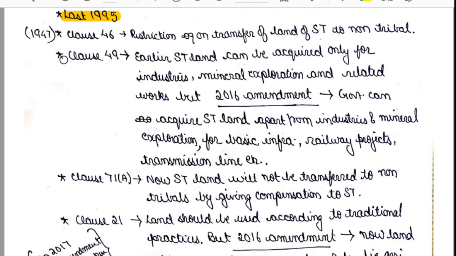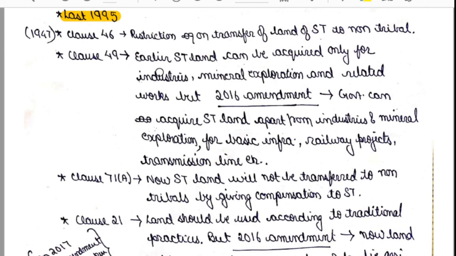Okay, now clause number 46 says that there is a restriction on transfer of land of ST to the non-tribal. That is, restriction on the transfer of land of ST to non-tribal is given under clause number 46.